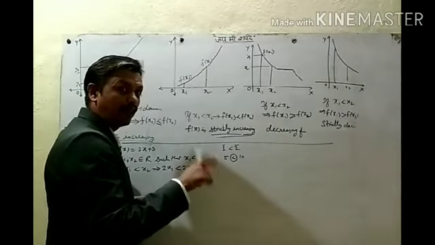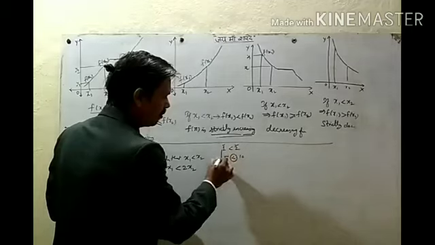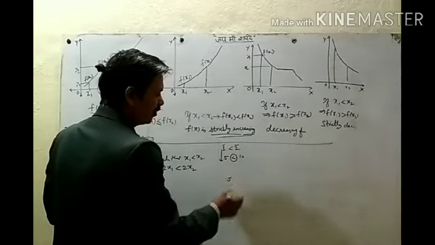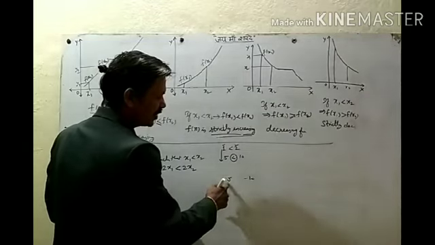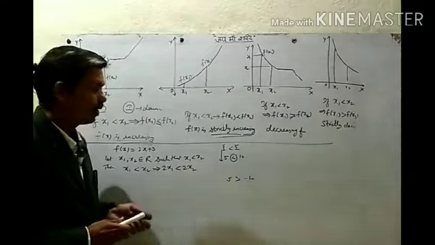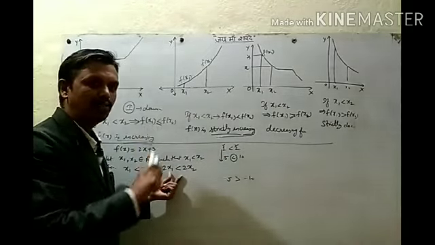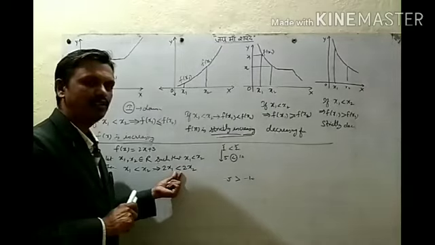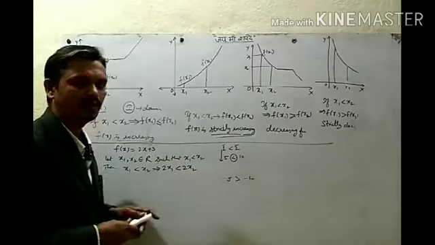But when you multiply both sides by a negative number, suppose minus 5, you get minus 5 here and minus 10 here. Now what happens? Minus 5 is more than minus 10. So when we multiply an inequality by a negative number, the sign of inequality will change, and if you multiply by a positive value, the sign remains the same.